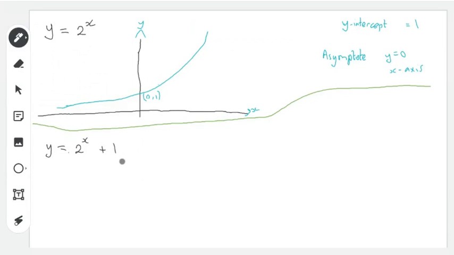This is a type of transformation that affects the y coordinate because we don't have the x being replaced with something. It's not in the power with the x. So this one means that we're going to move everything up by 1, or add 1 to all the y coordinates. All right. So what that's going to look like is this.